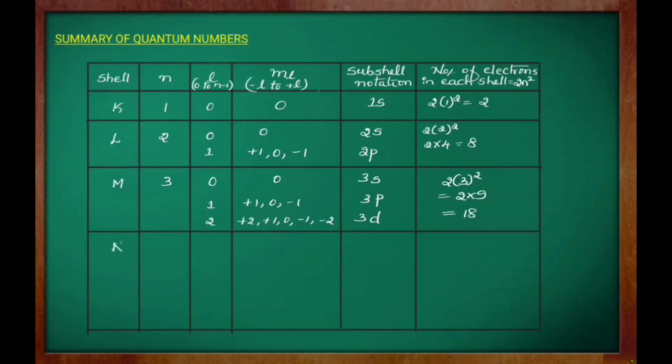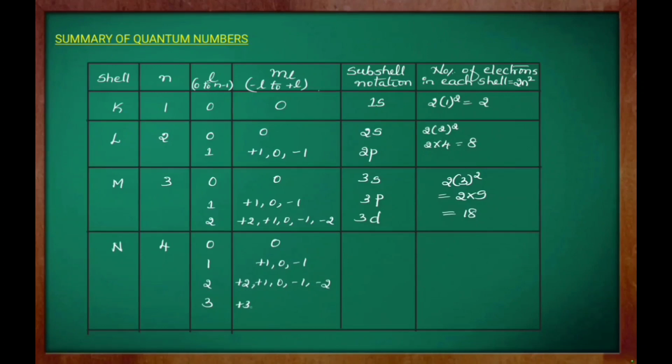Considering N shell, the value of n is 4. Corresponding L values are 0, 1, 2 and 3. ML values for 0 it is 0, for 1 it's plus 1, 0, minus 1. For 2 it is plus 2, plus 1, 0, minus 1, minus 2.